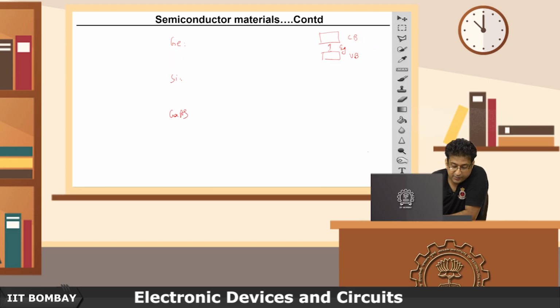Electrons can easily move from the valence band to the conduction band, getting energy from the thermal environment, you can say. So that makes them very temperature sensitive. The second thing is that other than temperature sensitivity, it has higher electron mobility, as we have already seen. So you can say it is a high speed material.